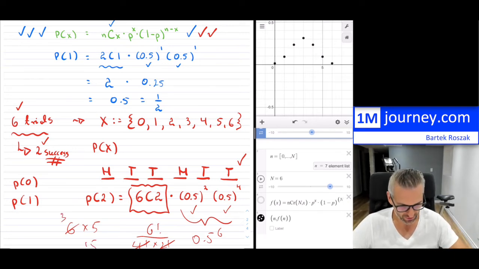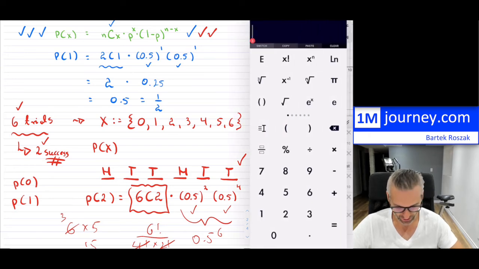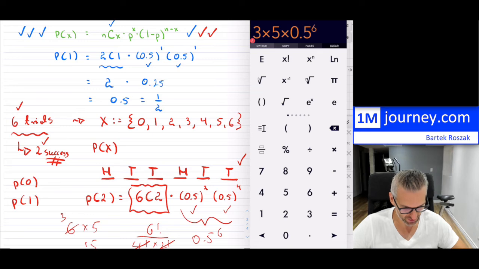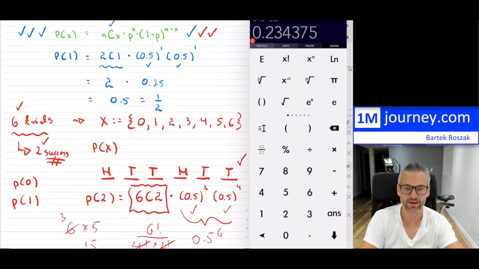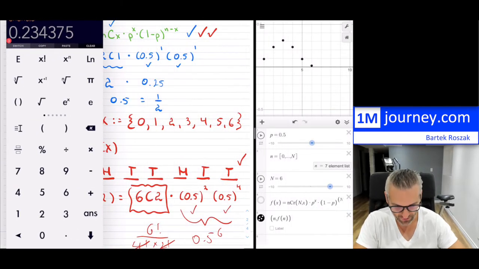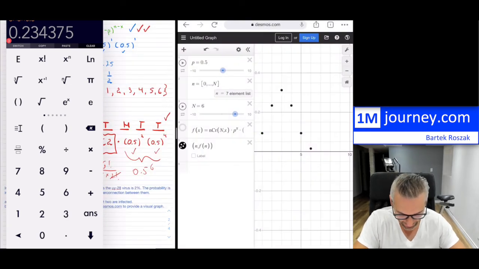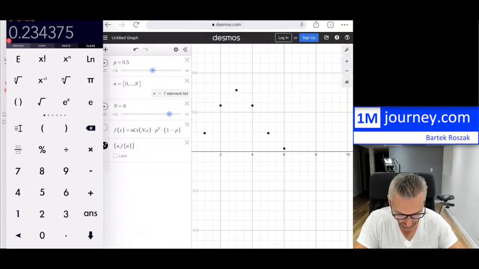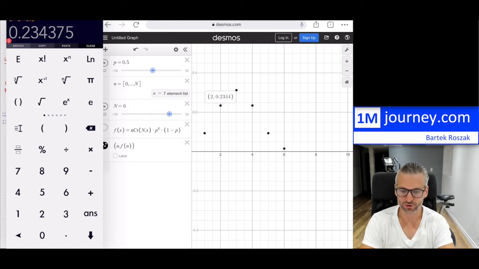So my answer, if I pop up my calculator on the right, so 3 multiplied by 5, and then multiplied by 0.5 to the 6 equals. And there you have it. And notice what did Desmos have, let's see if I push this over. This was right here, 0.2344. So Desmos just rounded that up. And that is my distribution.